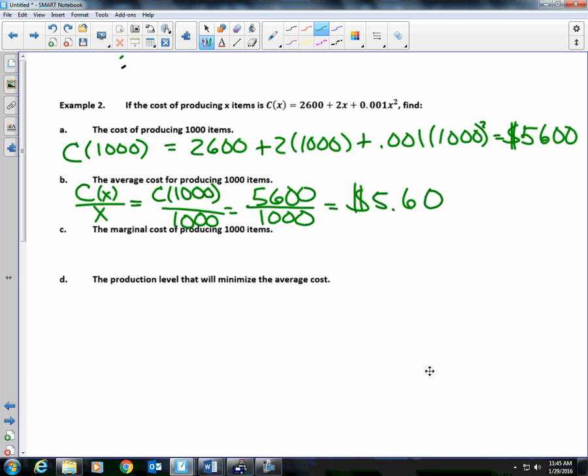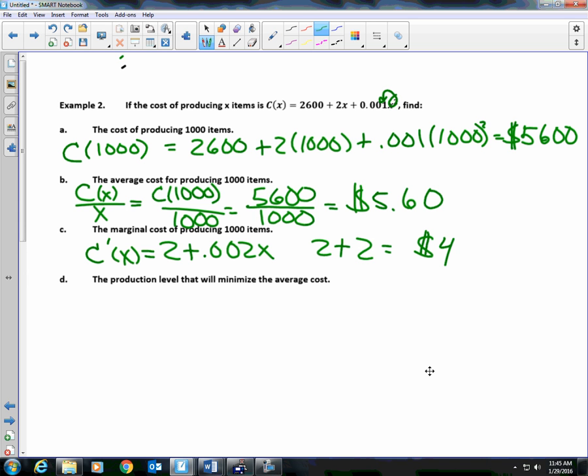Marginal cost producing 1,000 items. How do I do that? Derivative. So C prime of x is equal to the derivative of 2,600 plus 2x plus 0.001x squared, that is 2 plus 0.002x. I'm going to plug in 1,000, and I get 2 plus, I took the derivative so I drop that 2 down in front, and when I take 2 thousandths times 1,000, I get 2.